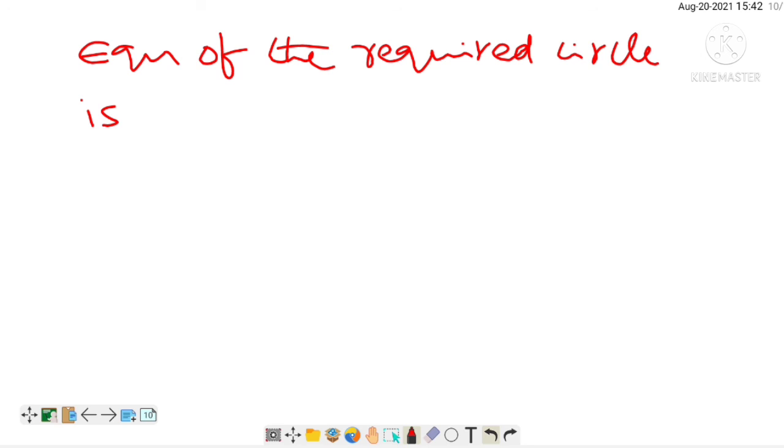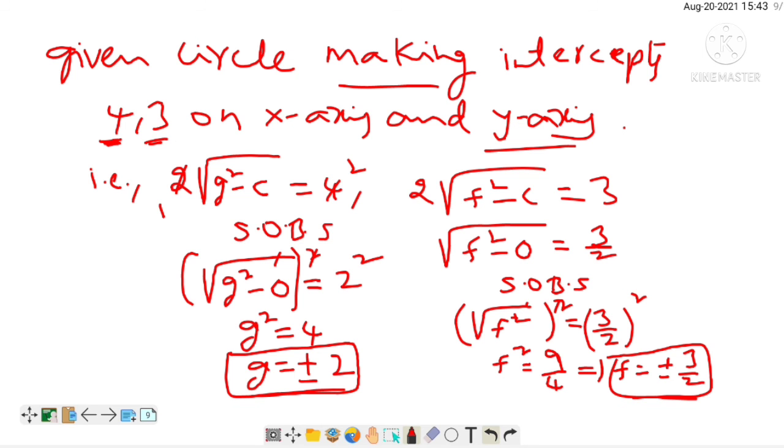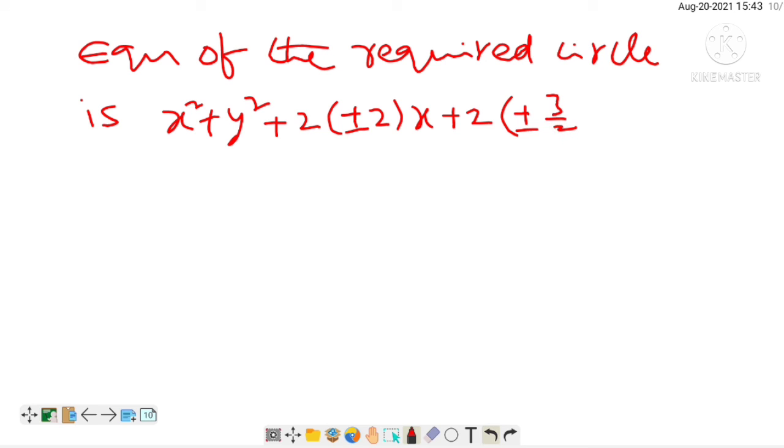now substitute g, f, c in the general equation. So x² + y² + 2gx + 2fy + c, with g = ±2 and f = ±3/2, c = 0.